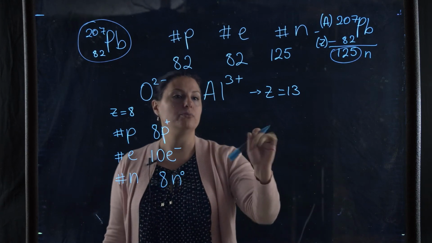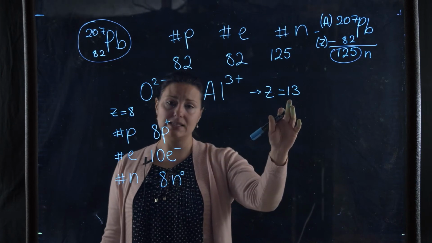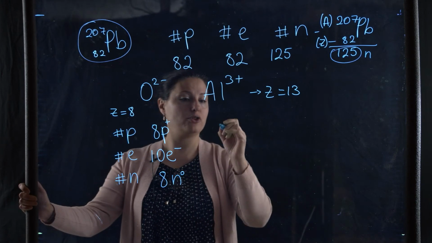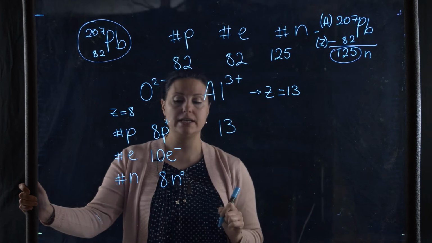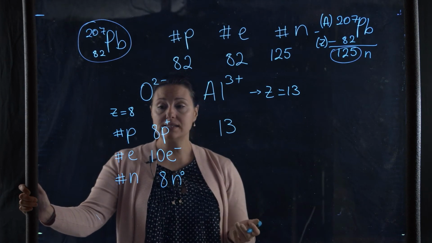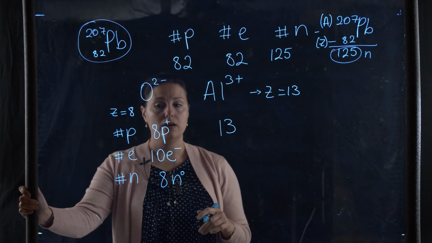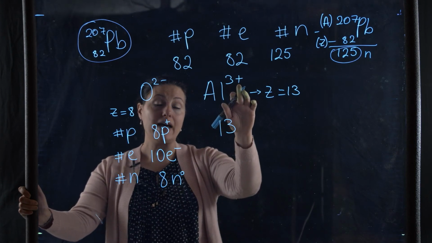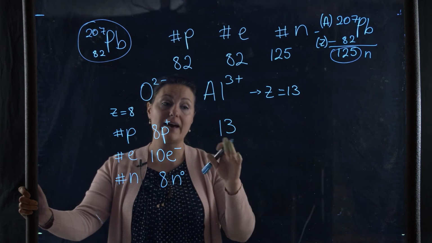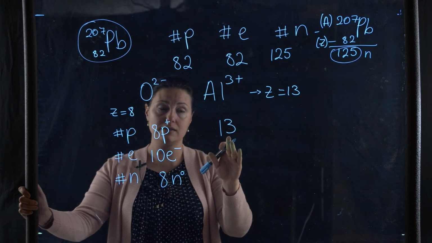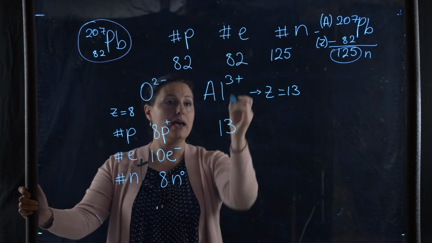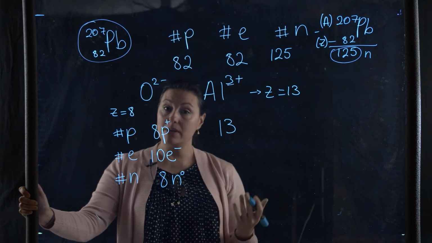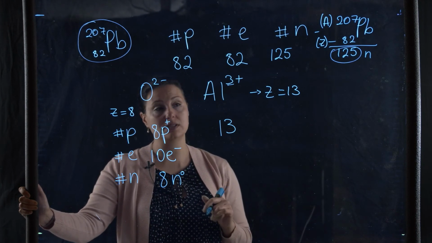Now let's look at aluminum. Aluminum has a Z of 13, which means that the number of protons will also be 13. Because I don't have a neutral atom, I have an ion. I have a positive ion, which means I have an excess of protons as compared to the electrons. And the number here tells me how many more protons I have versus electrons.